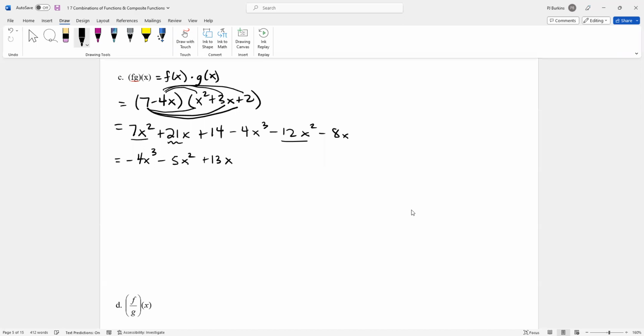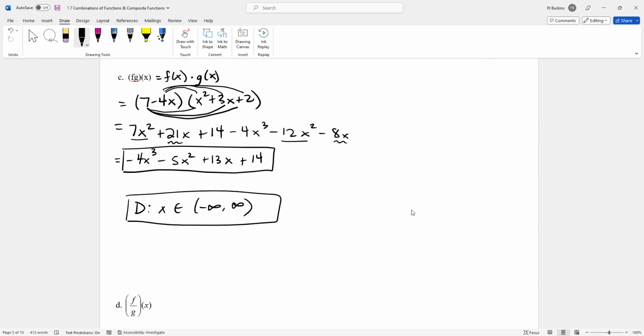That was this and this. And then finally, I have plus 14. So this is that function. And once again, this is polynomial. It has no restrictions, and the two functions used to make this one also had no restrictions. So again, the domain is x is an element of all the reals, or minus infinity to infinity.